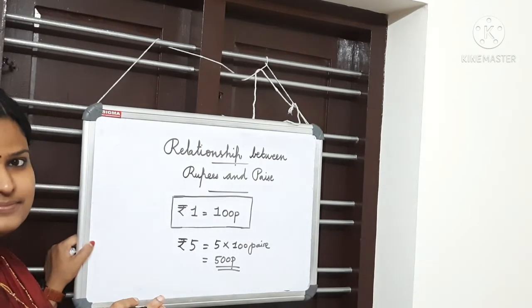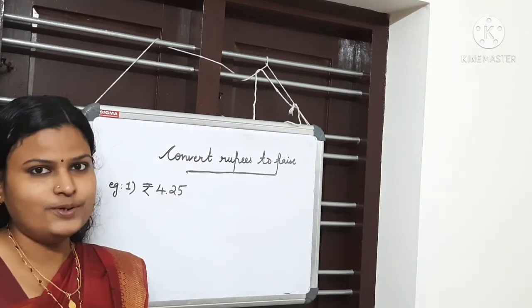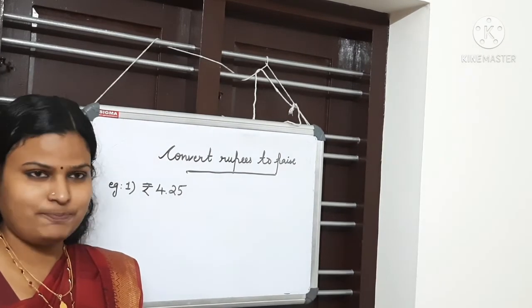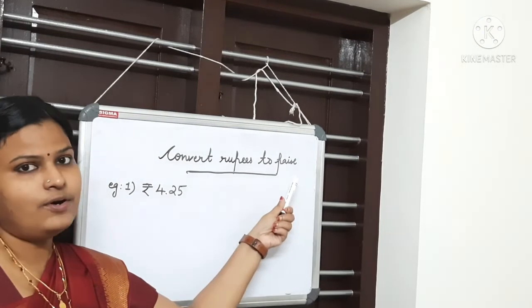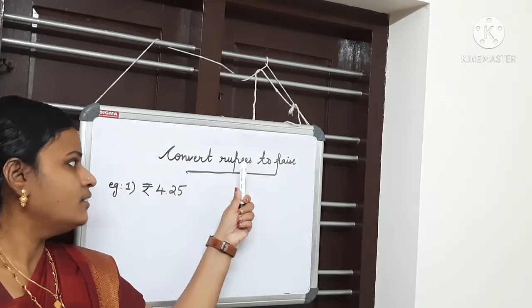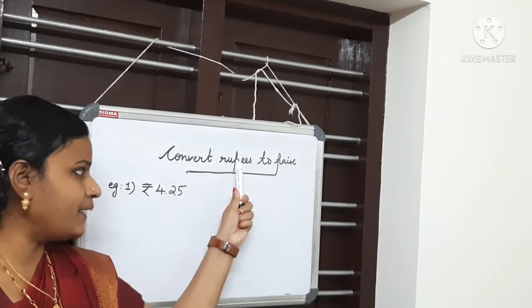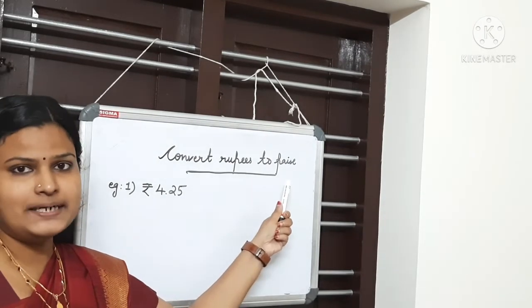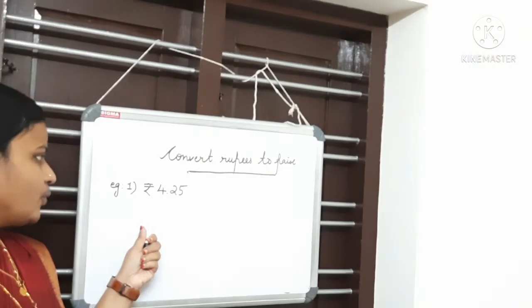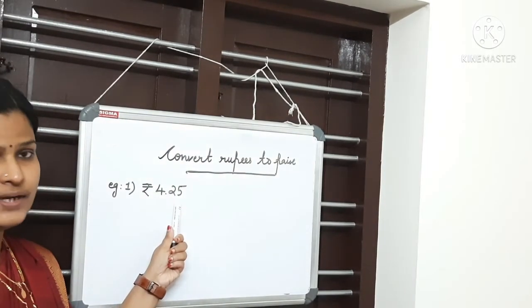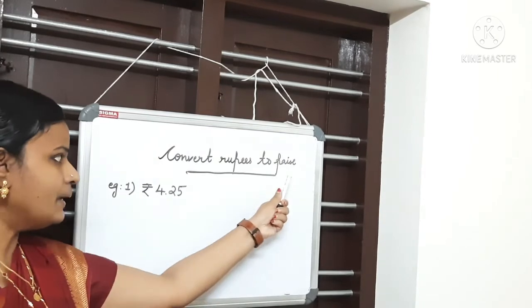Understood? Now, let us move on to a very interesting topic. Convert rupees to paise. We have already learned that to convert rupees to paise, we have to multiply by 100. Okay. Now look at this question. Rupees 4.25. We have to convert this to paise.